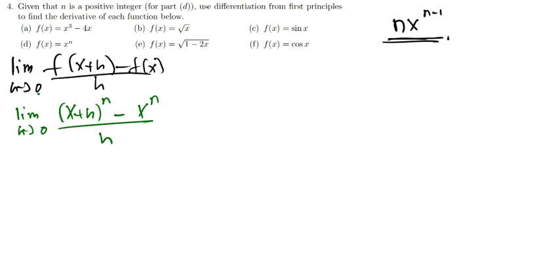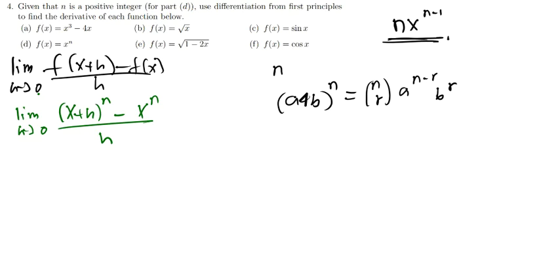So how do we use the binomial theorem to expand that? One thing we should know, guys, is if I have a plus b raised to the power n, this is going to be n choose r, then a raised to the power n minus r, then b raised to the power r, and it keeps on going.